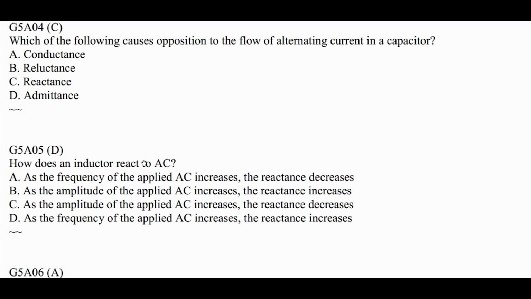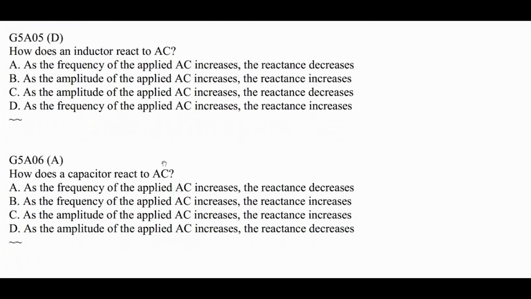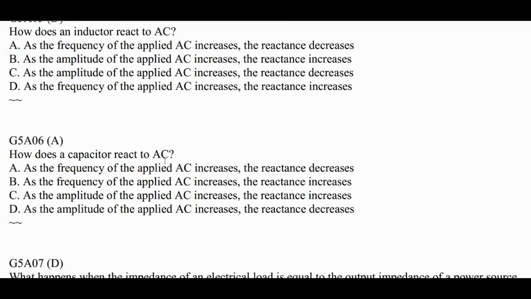G5A05. How does an inductor react to AC? As the frequency of the applied AC increases, as the frequency of the signal increases, the reactance increases. G5A06. How does a capacitor react to AC?